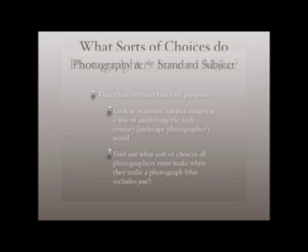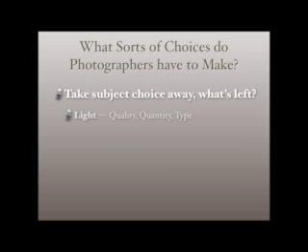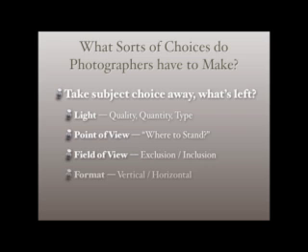So the question I'm trying to ask and answer here is, if you take away the choice of subject, in other words, if you tell a photographer, everybody in this room must photograph the exact same thing, what choices does the photographer have left to make?